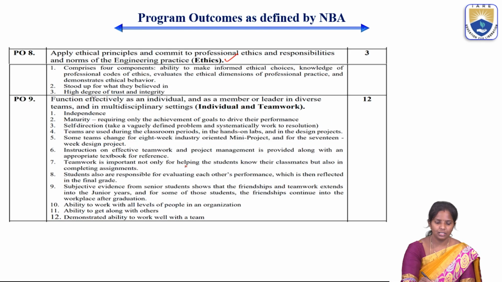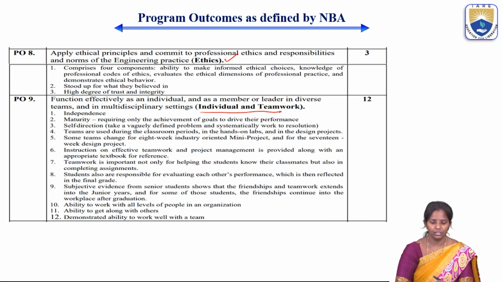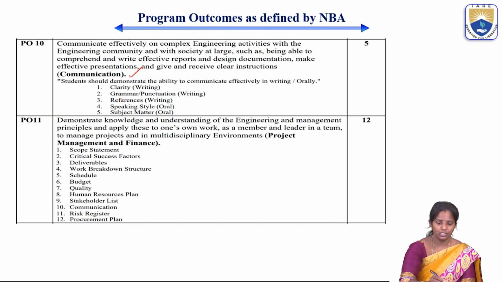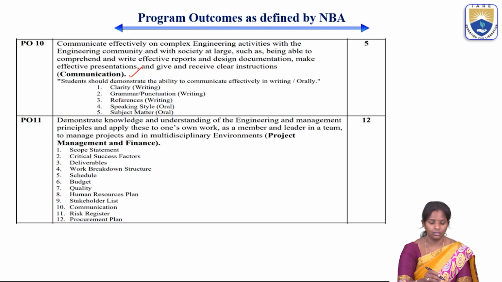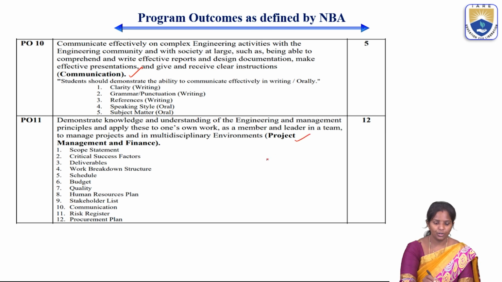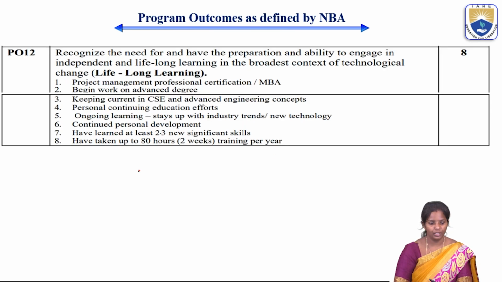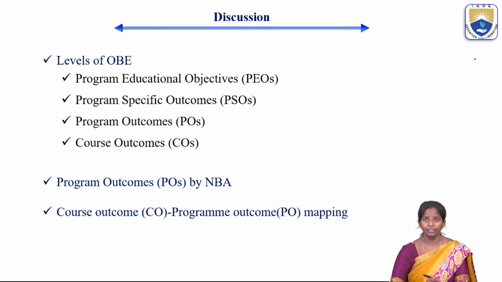Eighth is ethics. Ninth is individual and teamwork. Tenth is communication, which we have already discussed in detail. Eleventh is project management and finance. Twelfth is lifelong learning. These have different key features or competences, which will be used in different calculations.